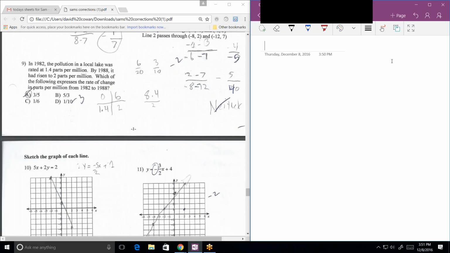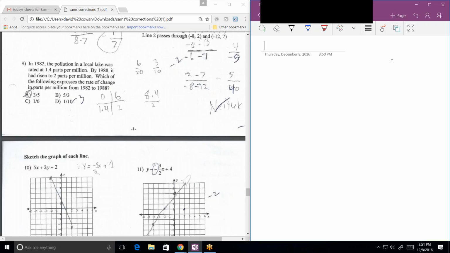Rate of change is the same as slope. This is why the word slope is so important, whether you're in algebra, precalculus, or calculus, because what it means is the rate of change. Okay?